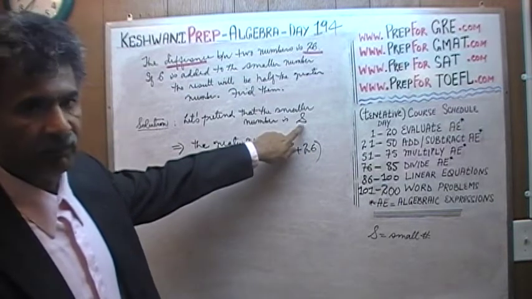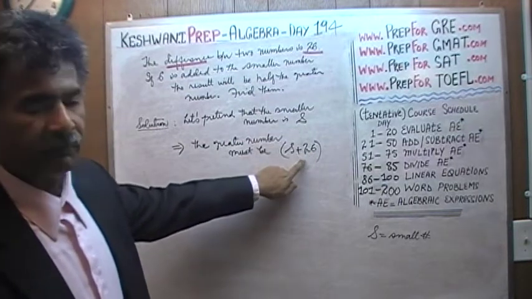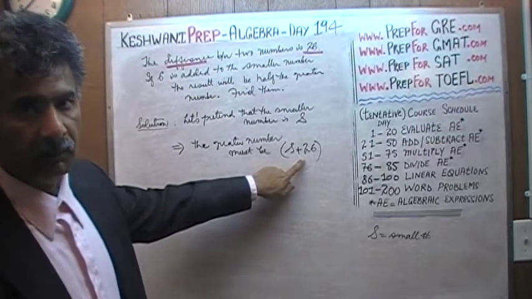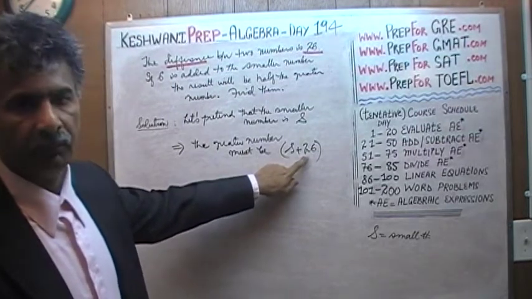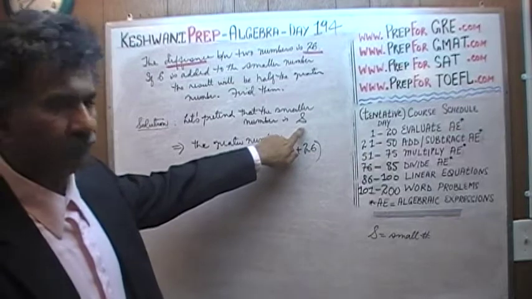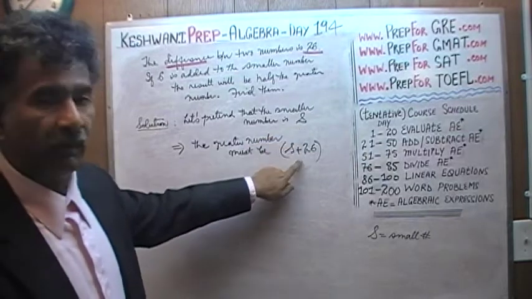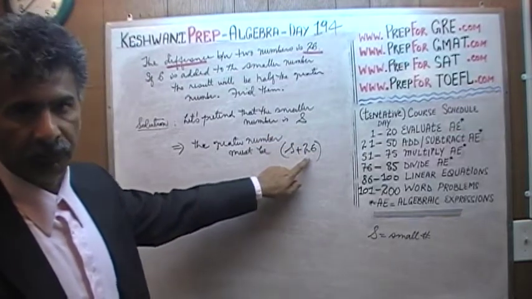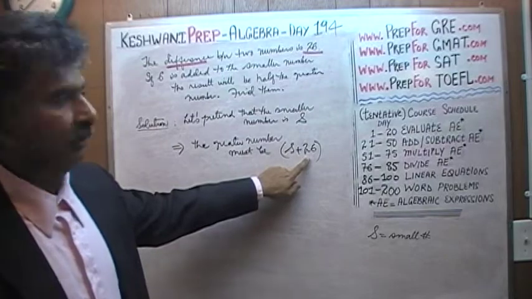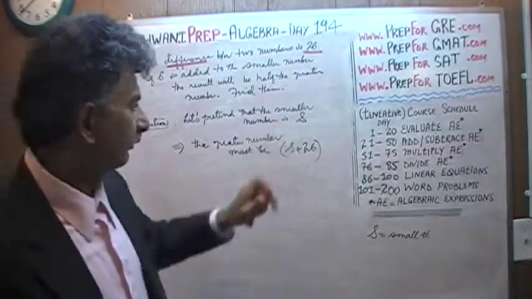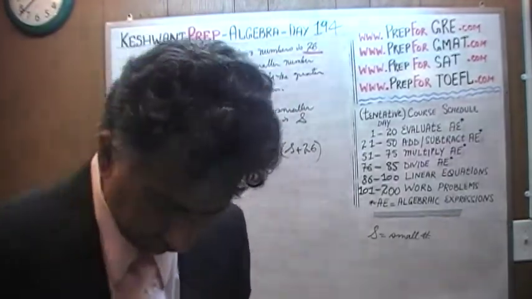If a small number happens to be 10, the large number would have to be 36, 10 plus 26. If the small number is 1, the large number would have to be 27, 1 plus 26, because we are told that their difference is 26. So that's all.